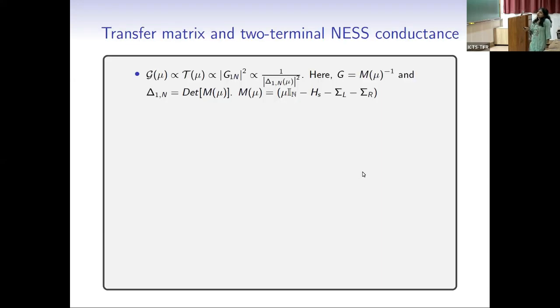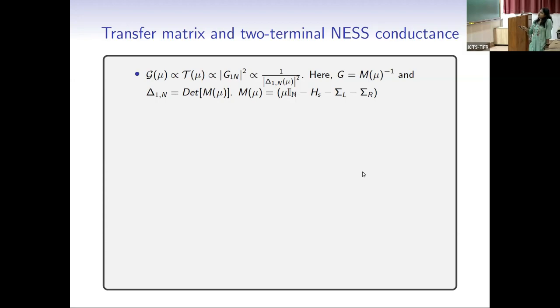I previously mentioned that the conductance is proportional to the transmission probability of the electron or any particle, and that is nothing but the modulus of G1n squared. This G1n is nothing but the inverse of M mu, where M mu is this matrix.